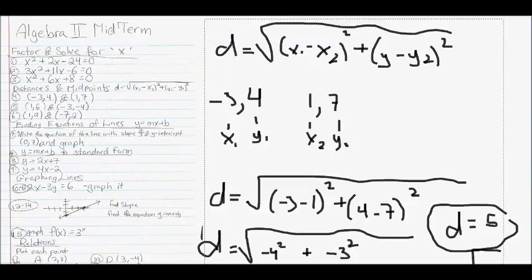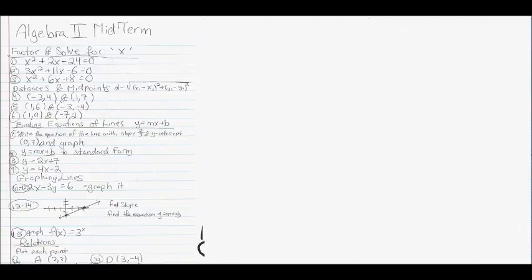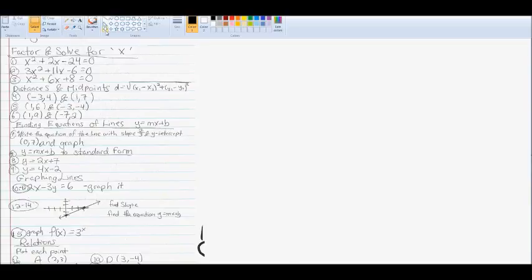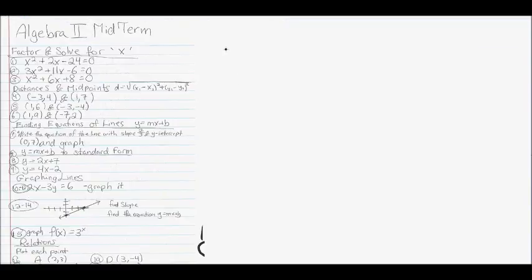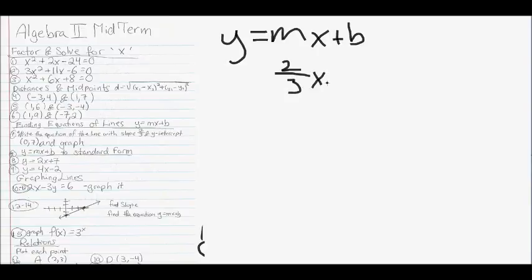Next, let me erase this as much as I can, and let's go on to the next one, which is finding the equation of a line, y equals mx plus b. m is our slope, and we have our slope given, which is 2/3.